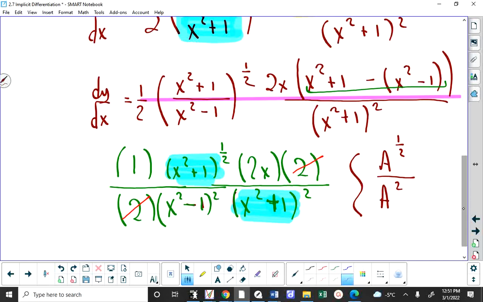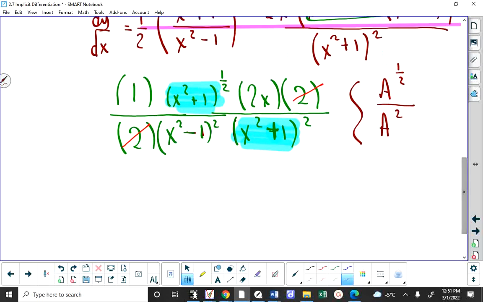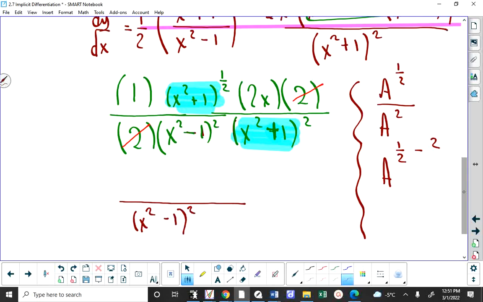The other thing to do, and this is from grade 9 and 10, is that when you divide common bases, you take the numerator exponent minus the denominator exponent. So when you take 1/2 minus 2, you get negative 3/2, which means that's equal to a to the negative 3/2 over 1, but what we can do instead is write it in the denominator to a positive exponent of 3/2.